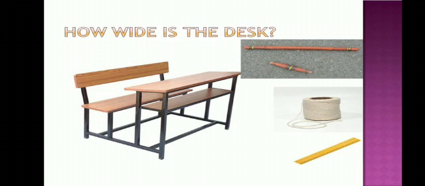So, now we can't measure the exact length. So, it is a non-standard unit of measurement. Either we can use an inch tape or string or a ruler to measure the desk length.